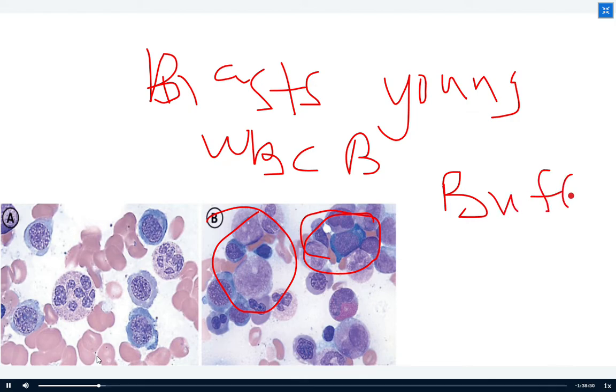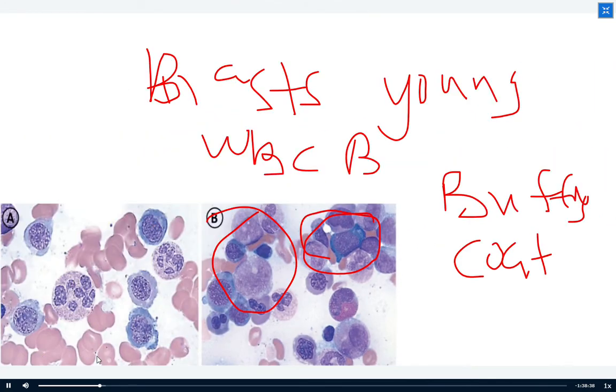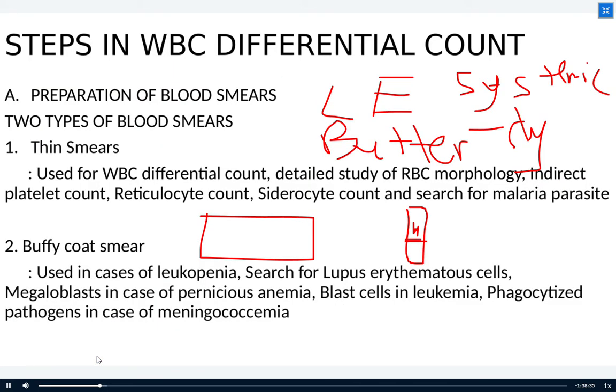The best specimen to see them is your buffy coat smear. Again, your buffy coat is a concentration of WBCs and platelets. This is the appearance of your blasts. Then another one would be blast cells in leukemia.